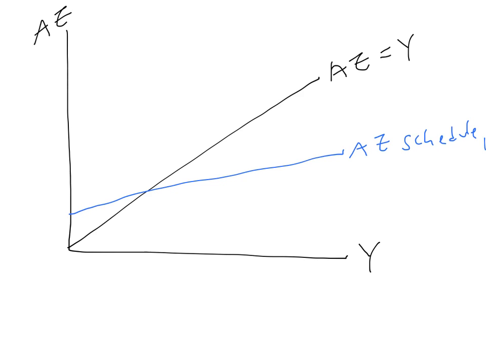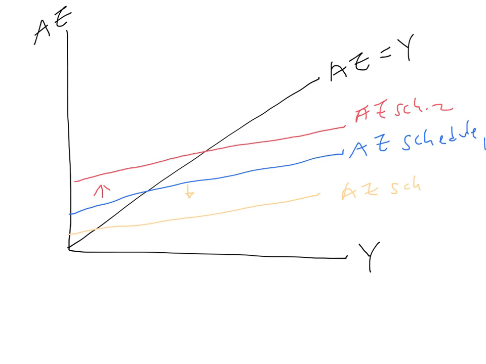What causes the situation where this goes up and you end up with your second AE schedule? Or what causes this to fall? And then you have your AE schedule 3. So we want to look at what causes these movements in your aggregate expenditure schedule, in your actual spending.